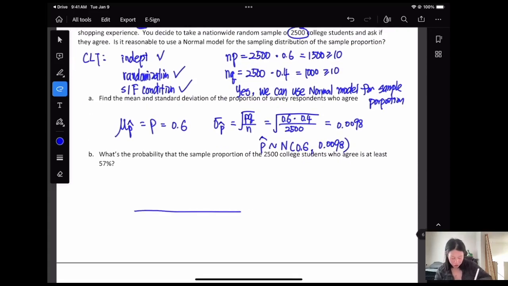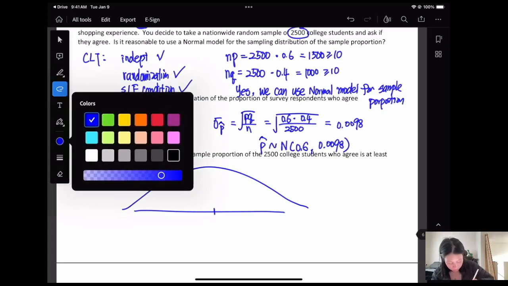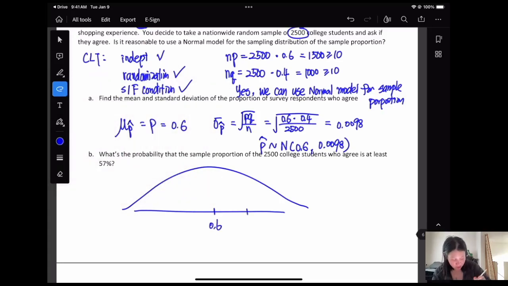What is the probability that the sample proportion of 2,500 college students who agree is at least 57%? We can make some prediction before we use the normal distribution. The center of the normal distribution is going to be 0.6, and for each standard deviation you add 0.0098, which I can approximate to 0.01. So this is 0.61, this is 0.62, and the third standard deviation is going to be 0.63.